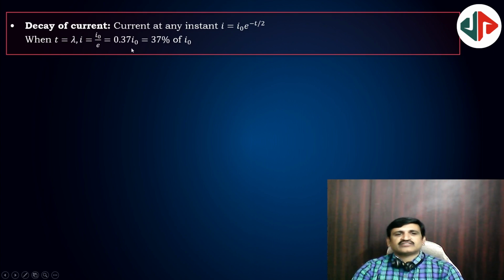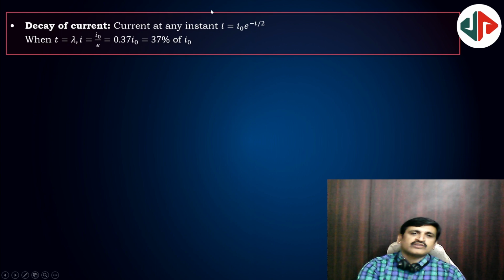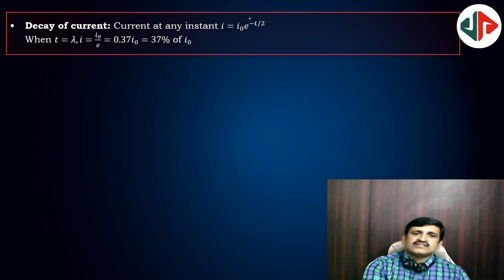Next, decay of current. When current is discharged through a good conductor from an inductor, the current at any instant is given by I naught e to the power of minus R t by L, or people will write I naught e to the power of minus t by tau or lambda.